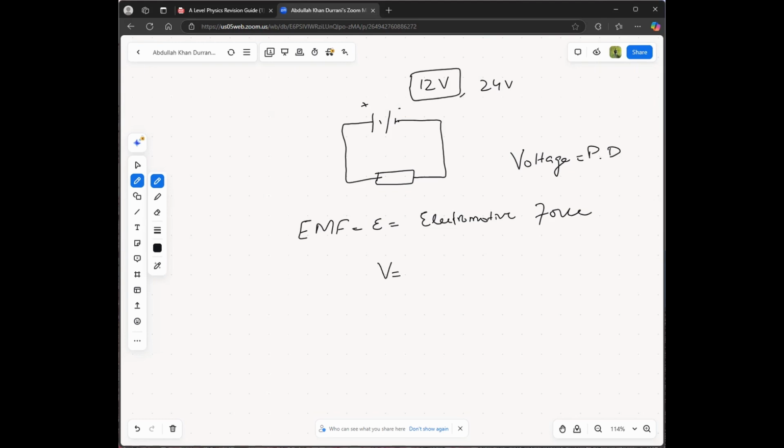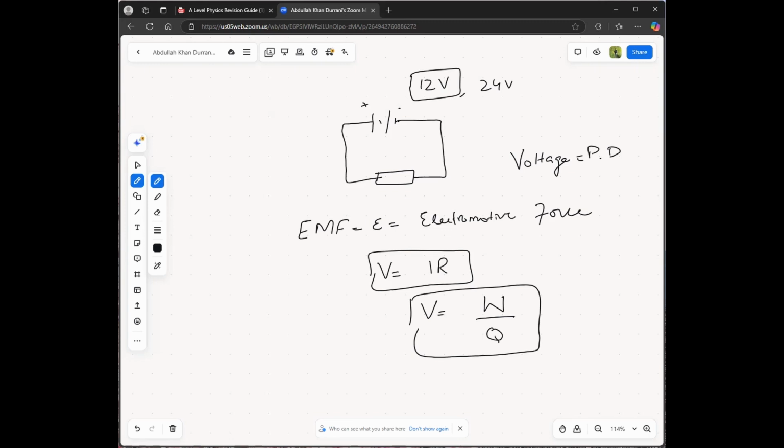You must know this formula: V is equal to IR. And the other formula: potential difference is equal to work done on a unit charge. These are the two formulas that play the fundamental role throughout this topic.